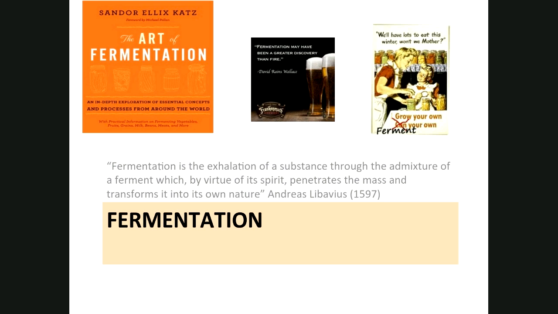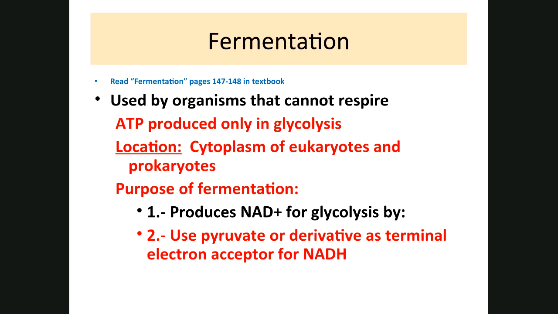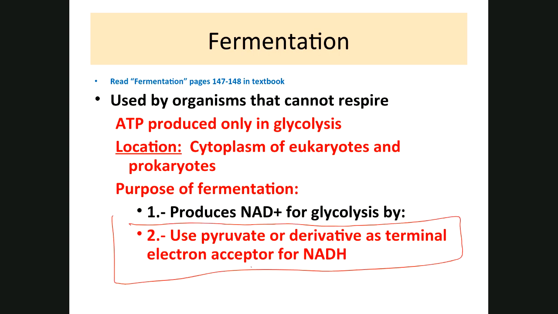Okay, so let's talk about fermentation. Let me show you the definition of fermentation. It is a process that uses pyruvate or a derivative of pyruvate as the terminal electron acceptor for NADH, which is a mouthful and it might mean nothing to you.